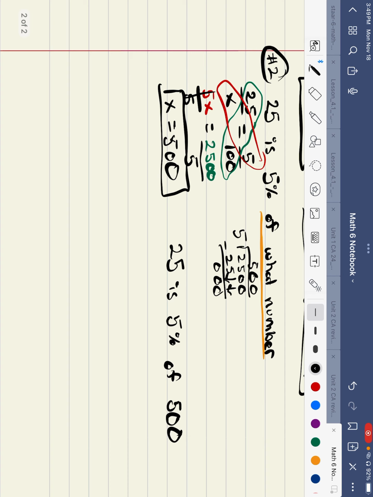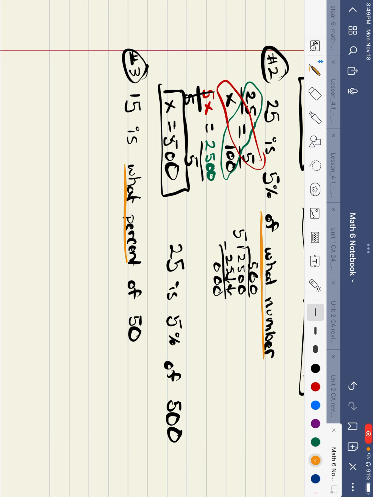I think I got enough space to squeeze number 3 on here real quick. Example number 3. So we did is we found of. Now let's find the percent. Notice none of the steps or the process has changed with this stuff, guys. It's simply a matter of where your information is, what they give you. 15 is what percent of 50.